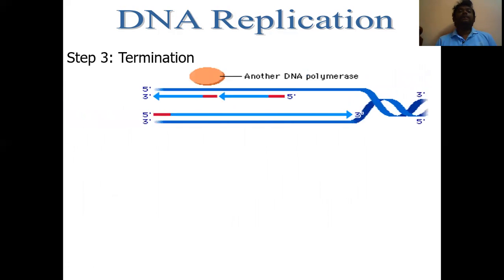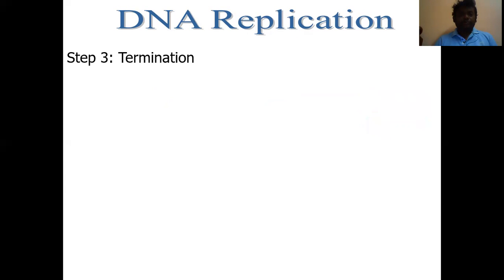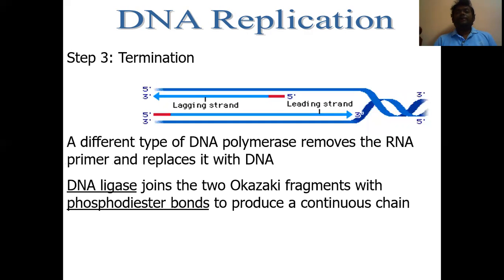Next, the termination process. Another variant of DNA polymerase breaks down the RNA primer, so a different type of DNA polymerase removes the RNA primer and replaces it with DNA.